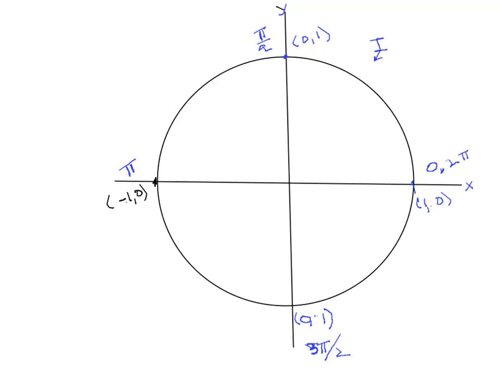Okay. So also over here we have, this is 0 degrees. That's 0 degrees. This is 90 degrees. This is 180 degrees. And this is 270 degrees.